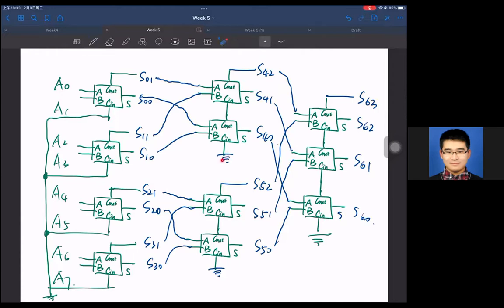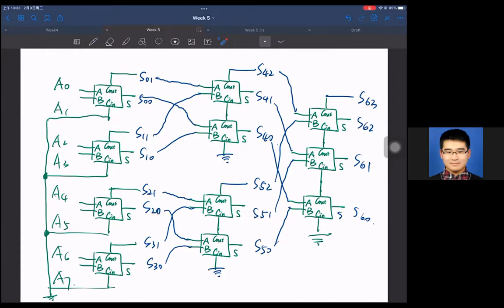If I put A6 over here, then my output will still be 3 digits. But over here, even if I put A7 combined with these 2 numbers, wait, now we only have S21, S20.